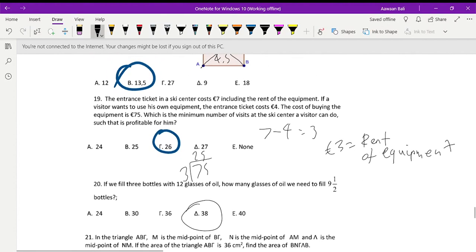After 25 days, you can buy the ski equipment, and after that, when you go on the 26th day, you don't have to pay the rent. You have your own equipment, so it'll be €4. Thus, it's more profitable for him, and he doesn't have to spend the extra €3. So on the 26th day, it'll be more profitable for him. Therefore, the answer is gamma.